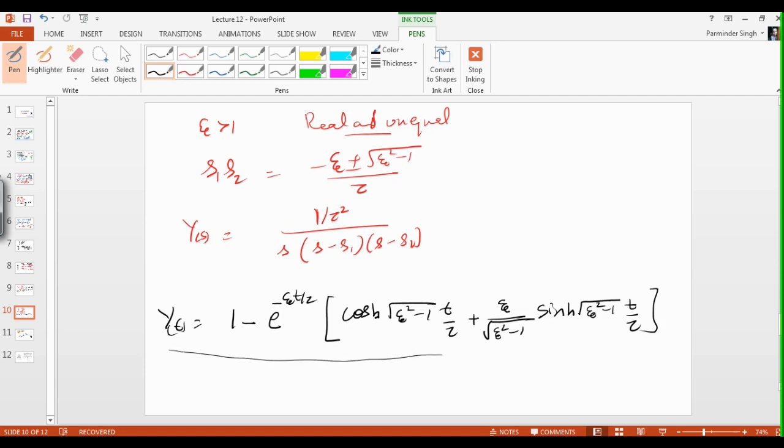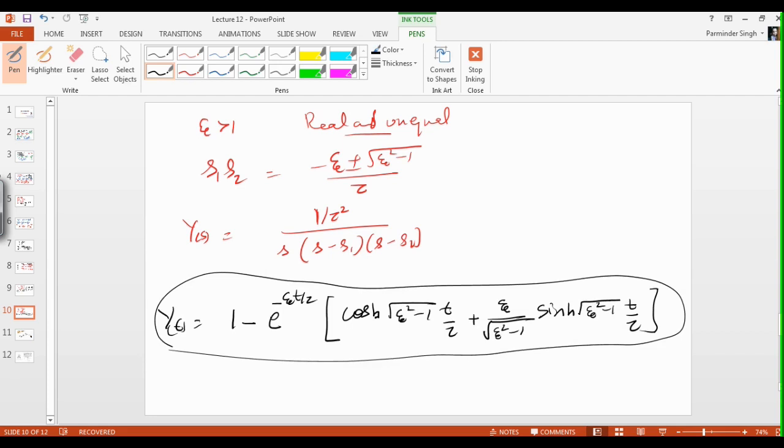So this is the response of your system where zeta is greater than 1, that is, the roots are real and unequal. Again, this behavior is overdamped and non-oscillatory.